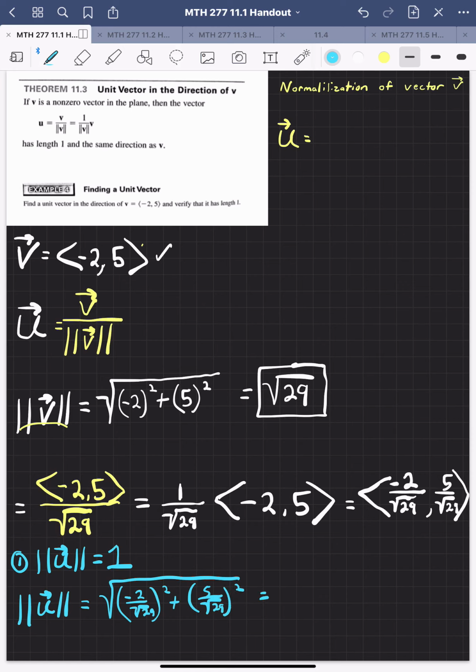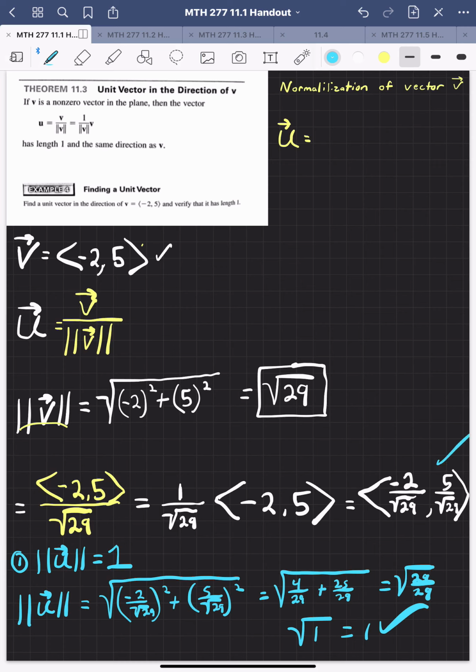And the result of this better get us to 1. So we end up with 4 over 29 plus 25 over 29, which is just the square root of 29 over 29. There we go. That's just the square root of 1, which is 1. So we know that this vector definitely has a length of 1.